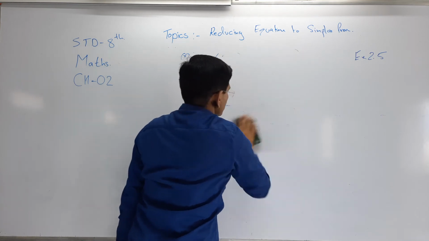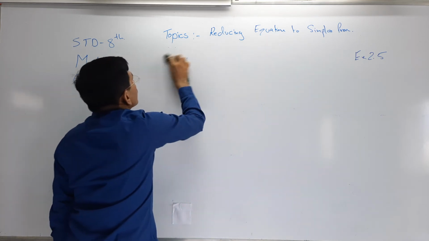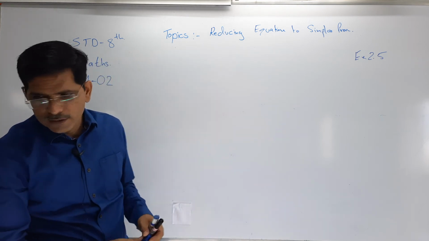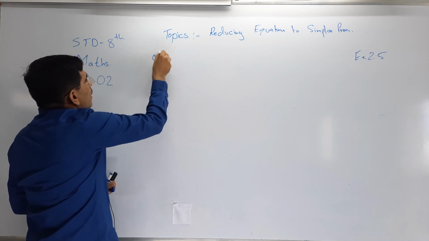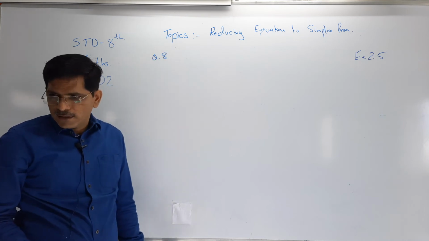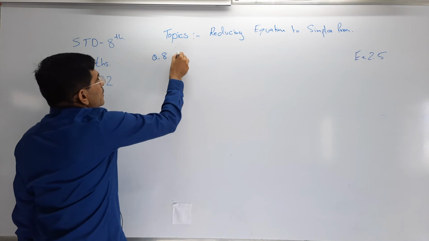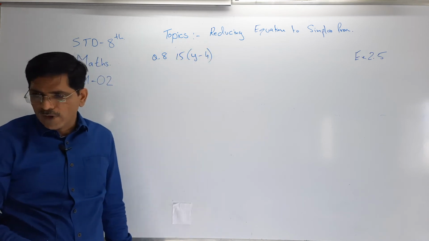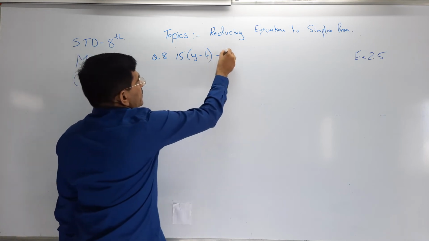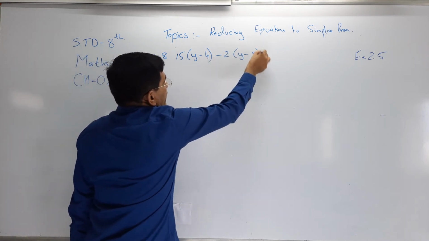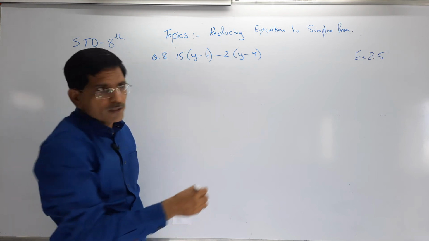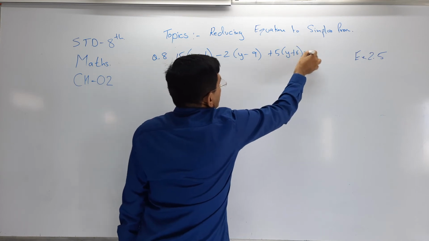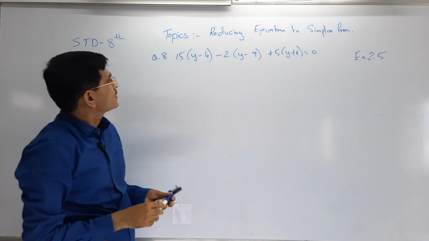Now question number 8 I am doing. The question is 15 in bracket y minus 4, minus 2 in bracket y minus 9, plus 5 in bracket y plus 6 is equal to 0.